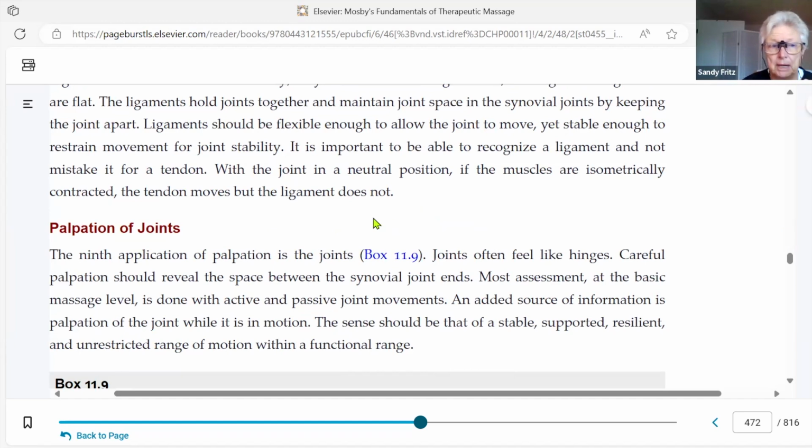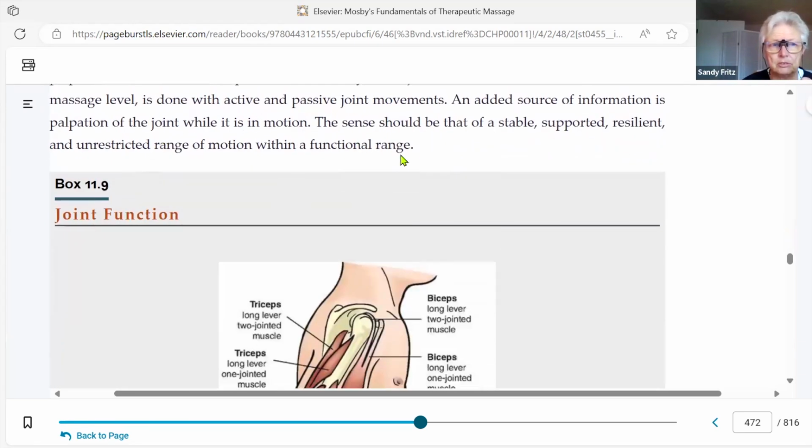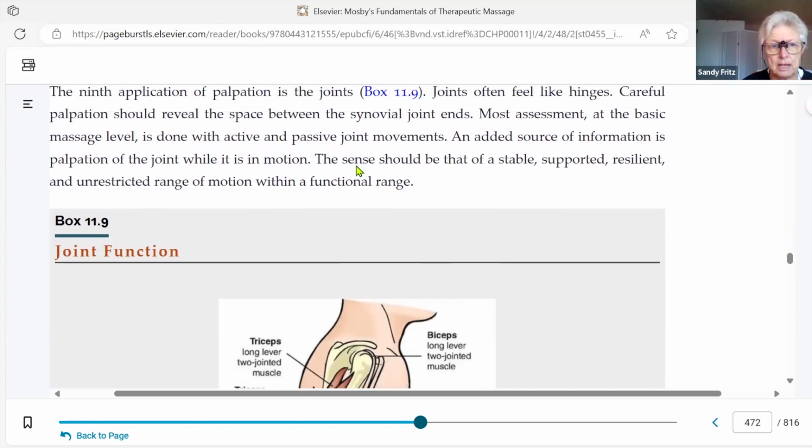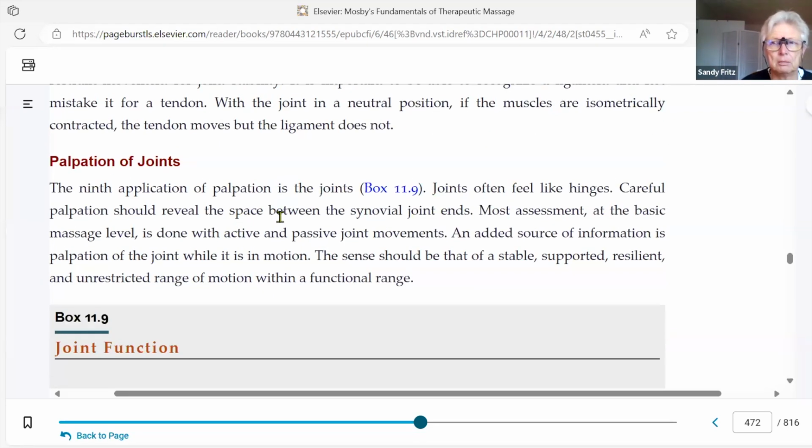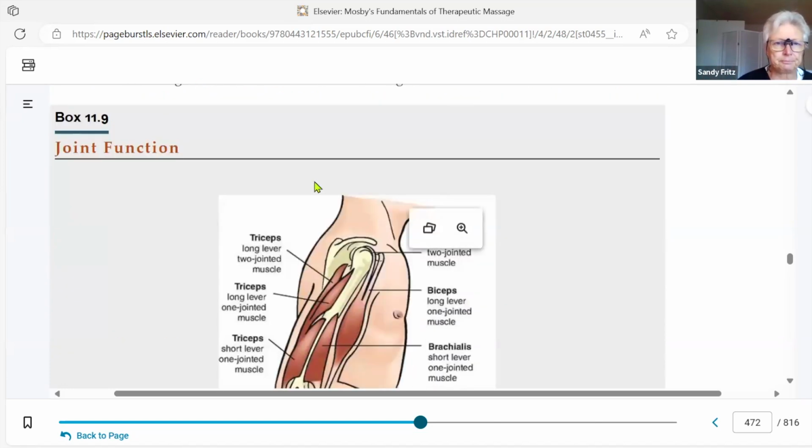Ligaments are going to be around the joints as well as the joints. And when we are in your Essential Science book, in the joint chapter, for each joint, there's a specific palpation sequence. So this is an example of where those two books complement each other.